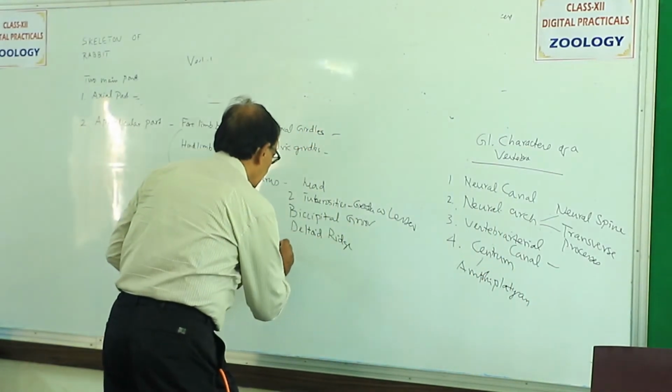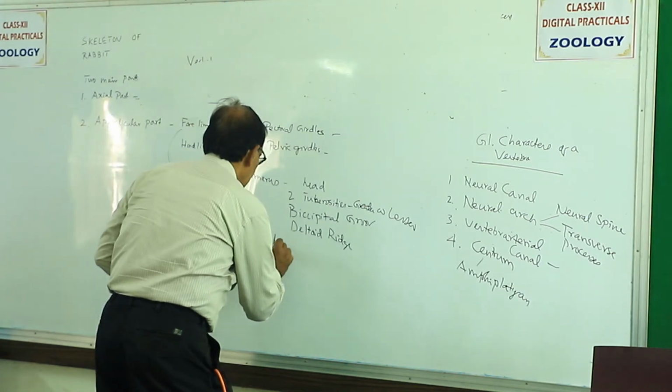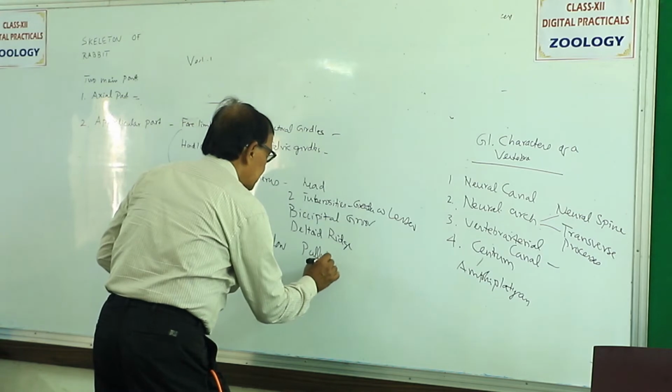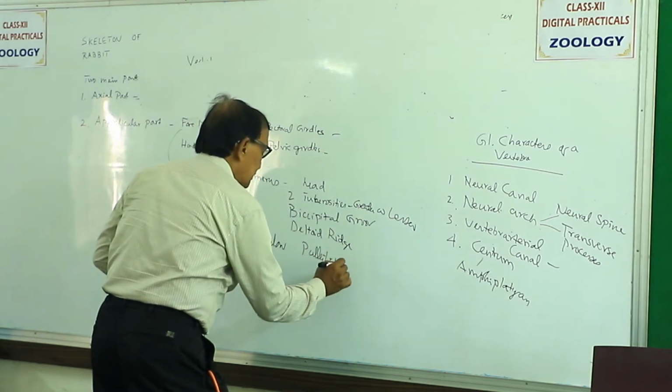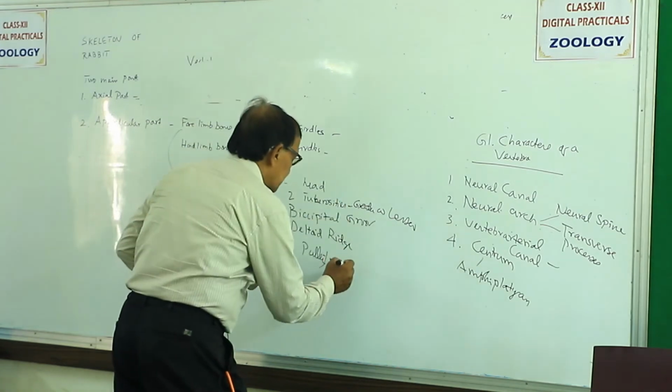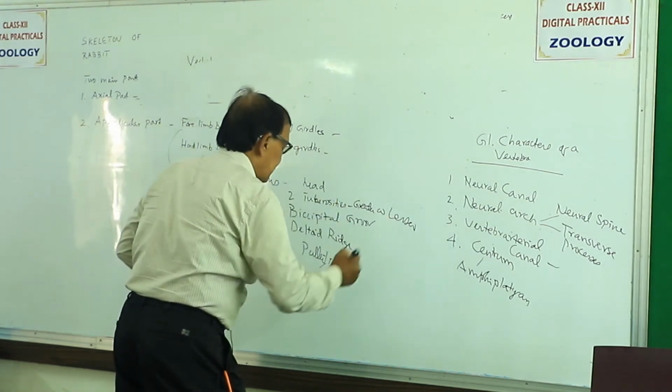So below we have a pulley-like structure. Remember, a pulley is used to draw water from the well, with the help of a rope.